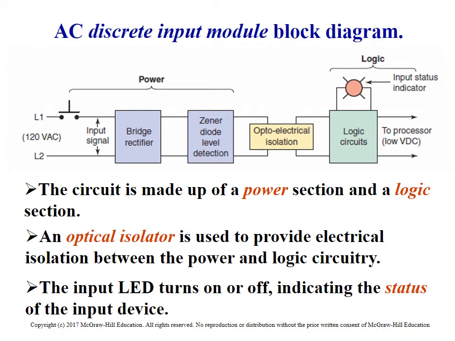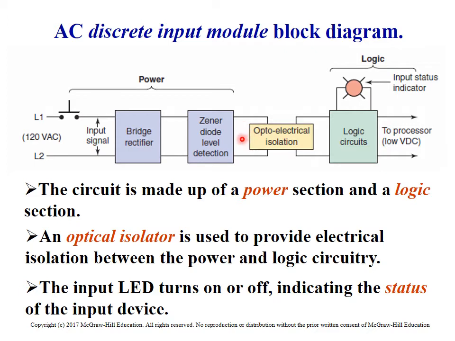The discrete input, the basic module block diagram, just a little bit on the heavy side, but anyways, they got the input signal coming into the card. They do some fancy stuff with some rectifiers and a diode, and then the opto isolator. This is a good point to share, is the opto isolation. What that means is that it separates any transient currents or leakage current or voltages that you could possibly apply to it here, and they will not get to this point.